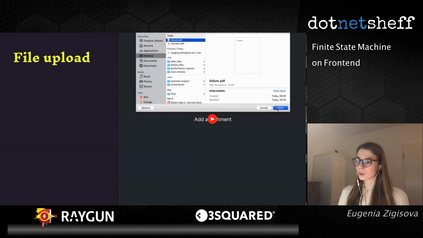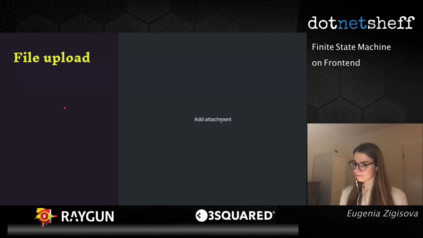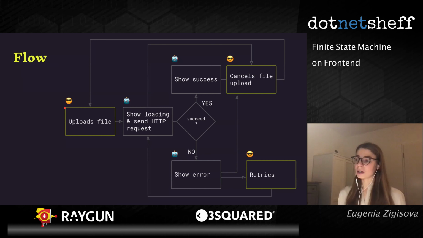If we try to draw a flow chart for this flow, it would look something like this. Here I illustrate the user actions and also system processes that should happen in response to these actions. The user uploads the file, then the application shows a loading indicator and sends a request to upload the file. From this step, the user can cancel the file upload.